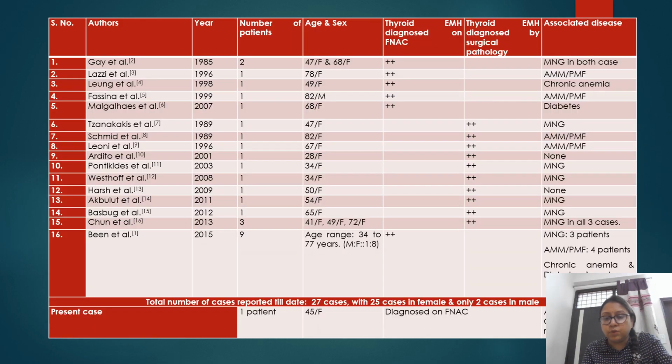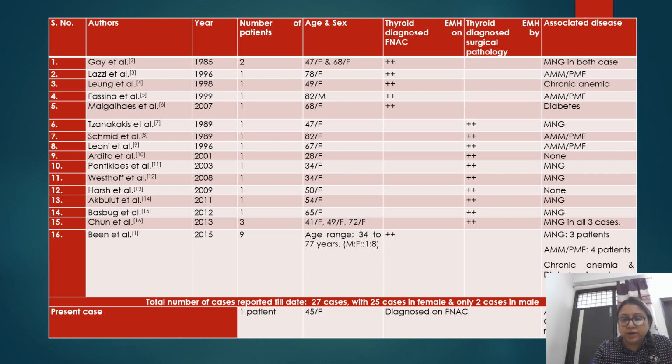So see, this was a review. So this case was actually, we reported in 2019 when I was doing my senior residency in Ramanollaya Hospital, New Delhi. So that time we had reported this case. Okay. So see, this was a review of literature for evidence of thyroid EMH.